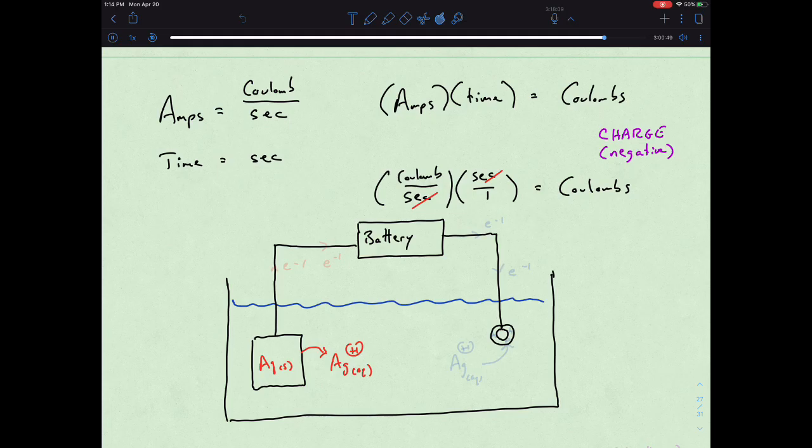So we have silver plus 1 that's in solution because of this driving force that we're doing with our electrons. We're using the battery to force this process to occur, much like we would use heat to force a process to occur. And so on the other side, we find that silver that's aqueous now plates onto the actual surface or the ring. So we have little silvers that are slowly coating the actual ring.